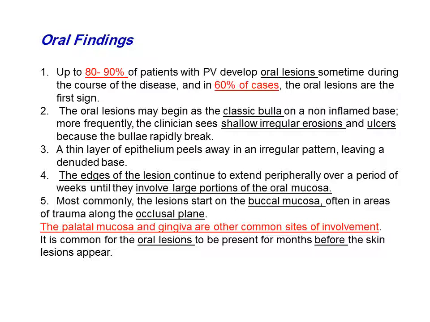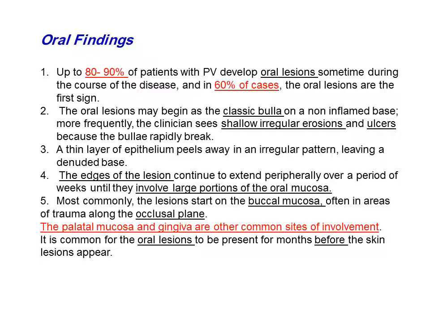Oral lesions may begin as a classical bulla on a non-inflamed base. More frequently, clinicians see a shallow irregular erosion and ulcer because the bulla ruptures quickly in the oral cavity. A thin layer of epithelium peels away in an irregular pattern, leaving a denuded base.